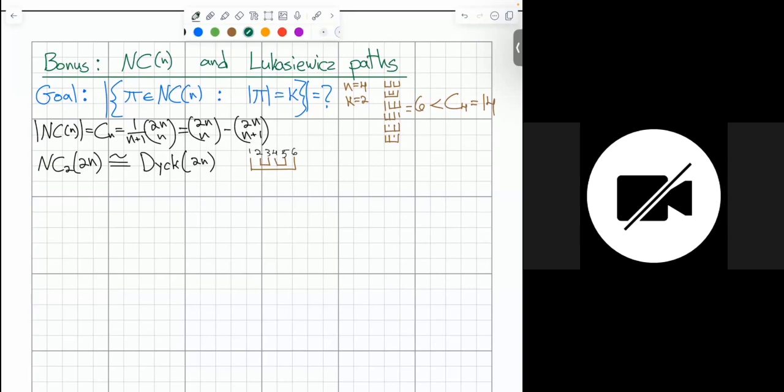What I do is look at what we call the northeast-southeast path, such that I go northeast whenever I'm opening a pair. So 1 is opening and 2 is opening as well, but 3 is closing, 4 is opening, 5 is closing, and 6 is closing.